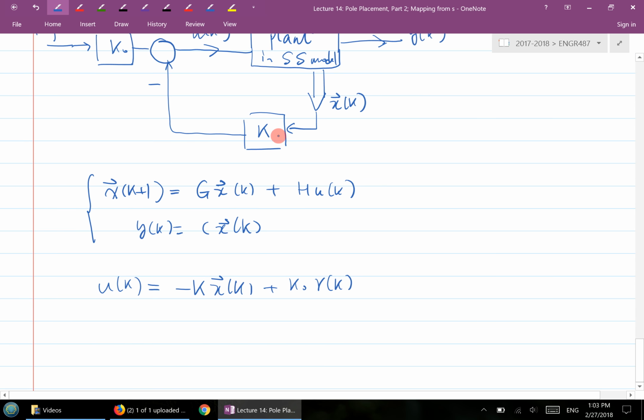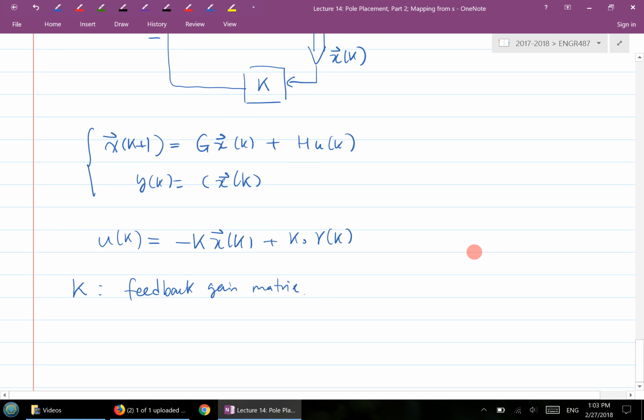In terms of definition, see this K here, this is no different. This is basically the gain matrix, the feedback gain matrix. To find this feedback gain matrix, we can use exactly the same approach that we have just learned.